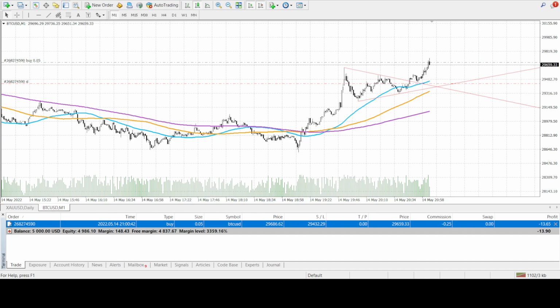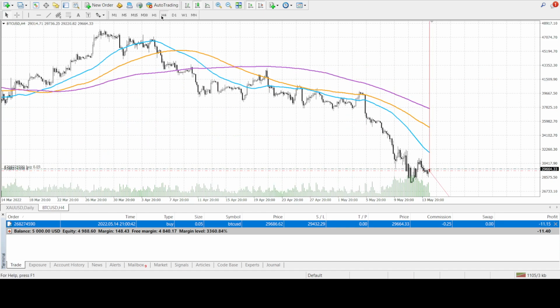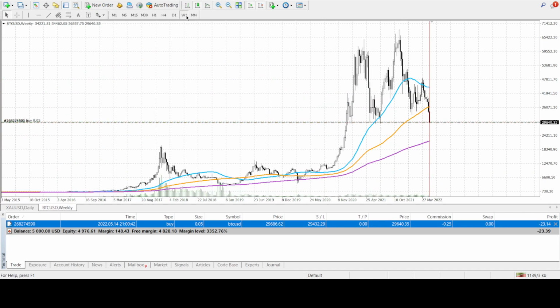So time frames. Let's go over time frames a little bit, because I see that was a question there from Miss Mindy. When I am looking for trades, I generally use the 4-hour chart. I'll use the 4-hour, the daily, and the weekly.